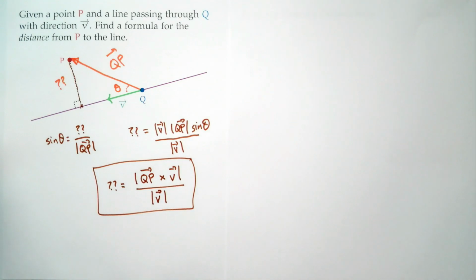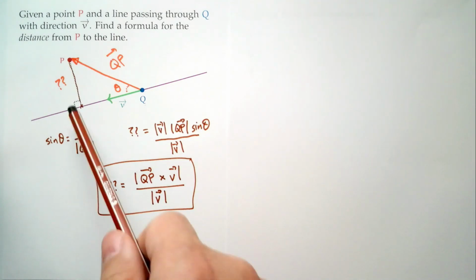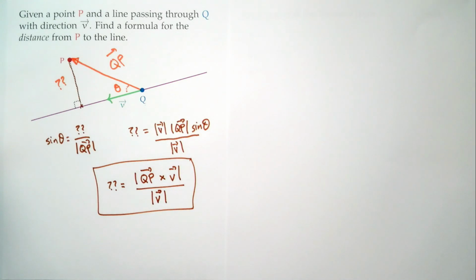So the length we're looking for, that formula, it turns out it's related to a cross product. Now, I don't memorize the formula. I just figure out how to get to it. In fact, there's something even more clever, which is we can find this point. But that's a different story, and we'll get to that later on.